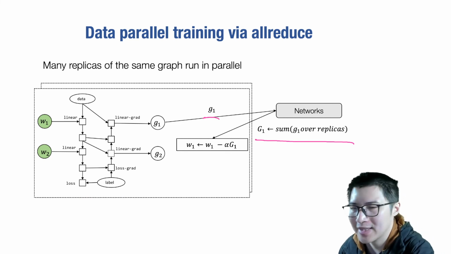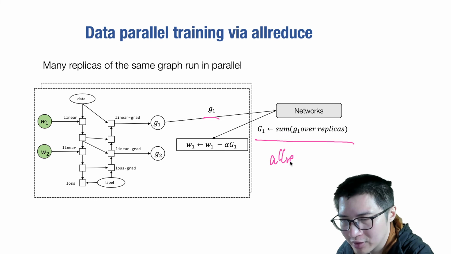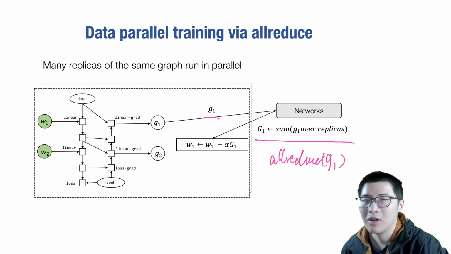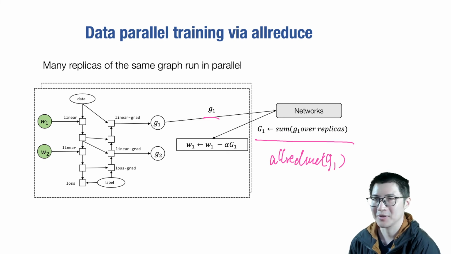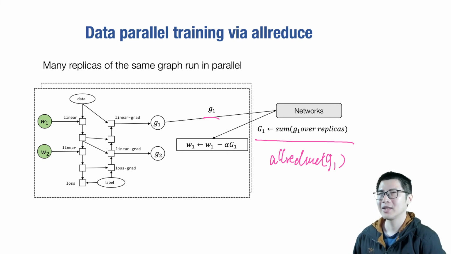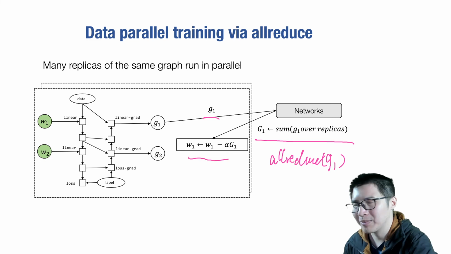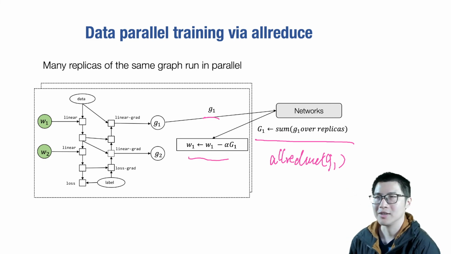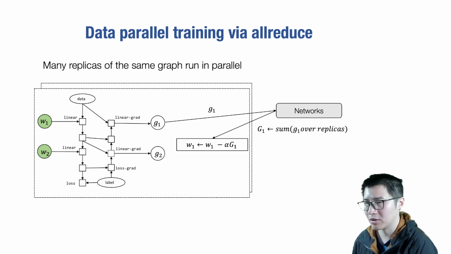You can find this exactly translates to Allreduce of G1 on this particular node. Effectively, all you need to do is compute a gradient, run Allreduce, you get a big G, and then each worker is going to apply the gradient update locally. And this is a simple way to implement data parallel training.